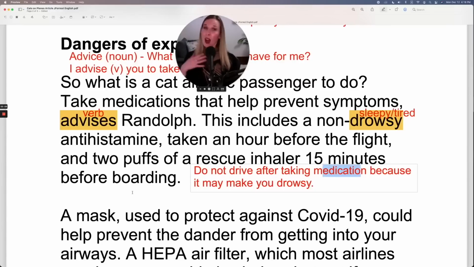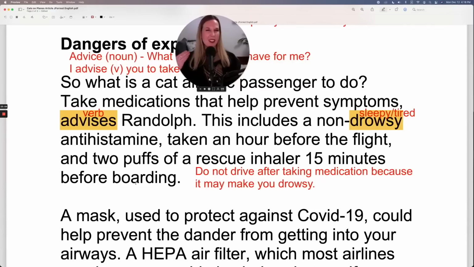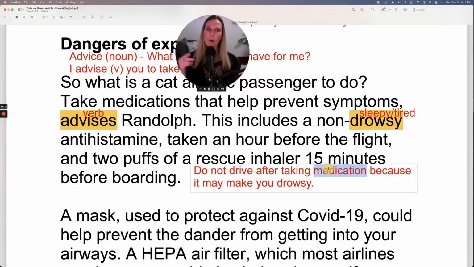Now, if I had a long day at work, or if I didn't sleep very well, I wouldn't say I feel drowsy because drowsy implies the result of some sort of medication because we use it with medication.